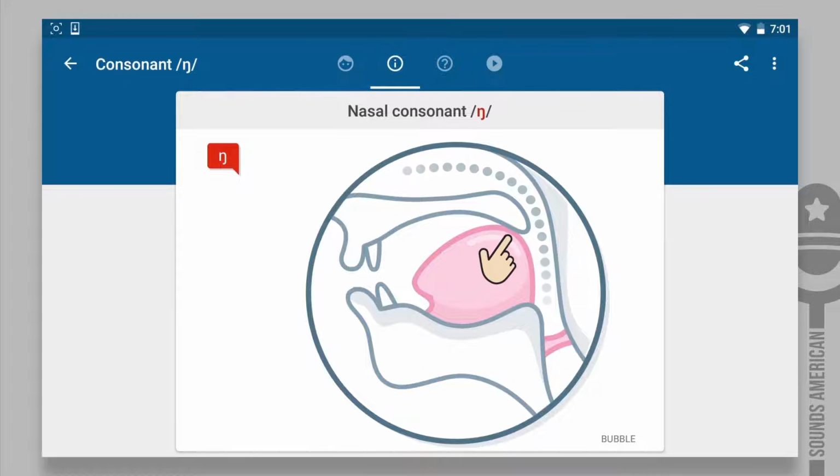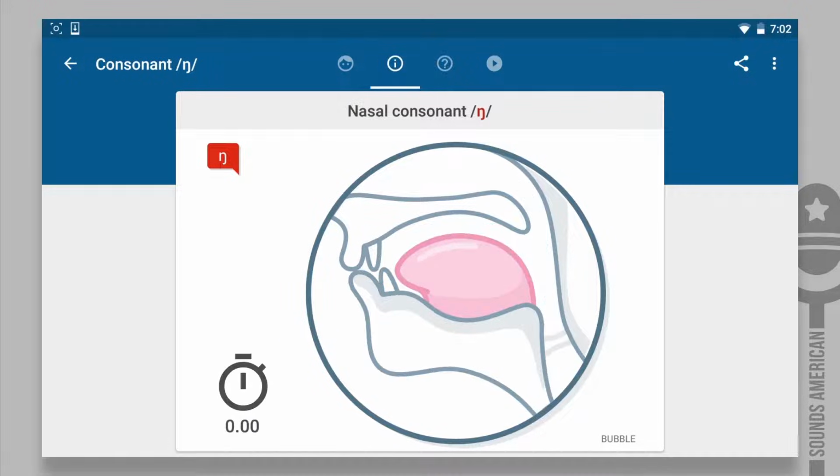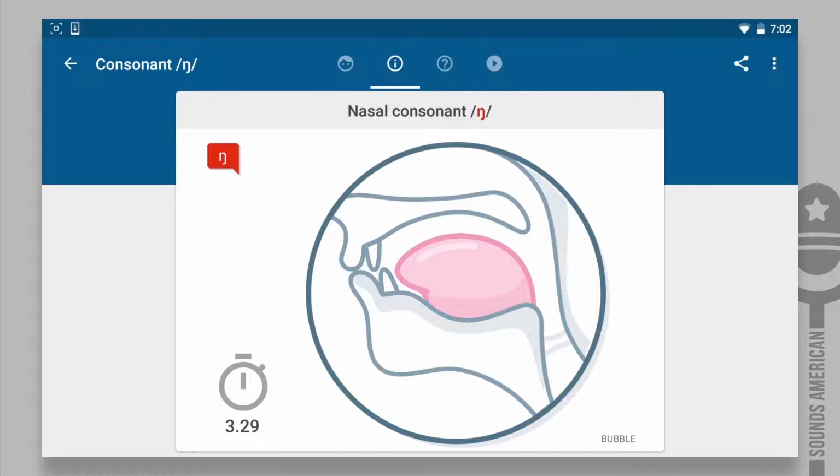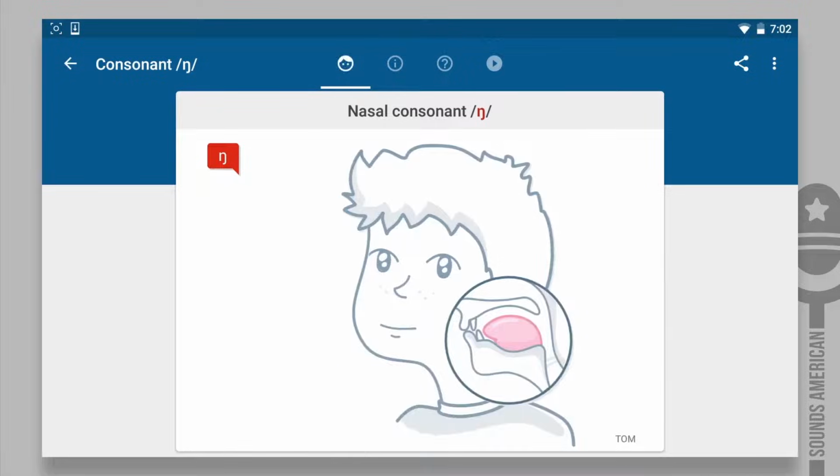Next, stop the air in your mouth with the back of your tongue and direct it into your nose. If you make this sound correctly, you should be able to stretch out this sound, like this. Now, let's try saying it.